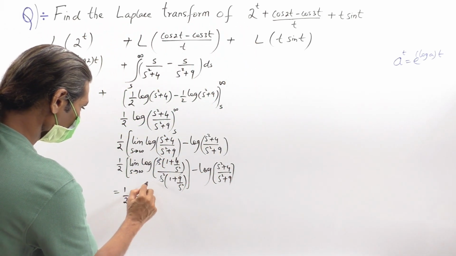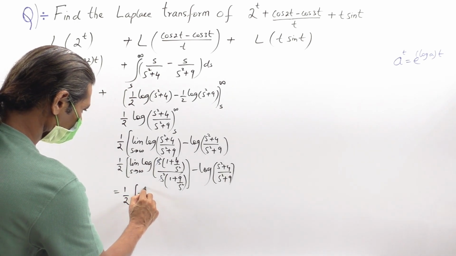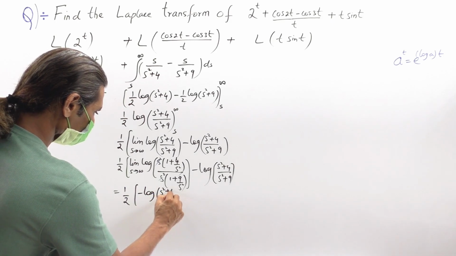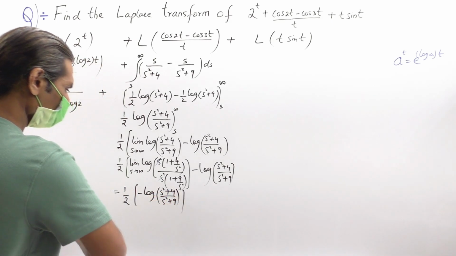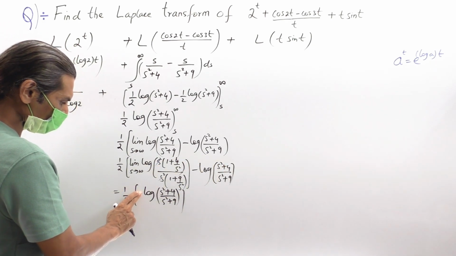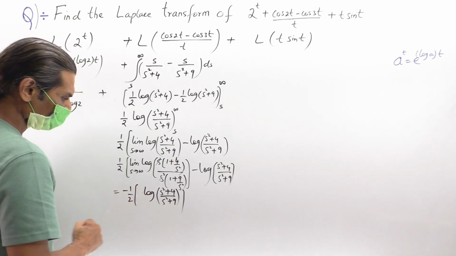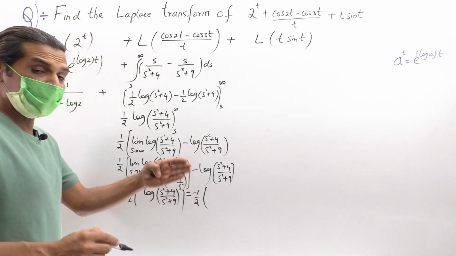So this becomes 1 by 2, 0 minus log of s square plus 4 by s square plus 9. Now 0 minus, so I take minus 1 by 2 outside, it will be better. So minus 1 by 2. Again, what is log a by b?